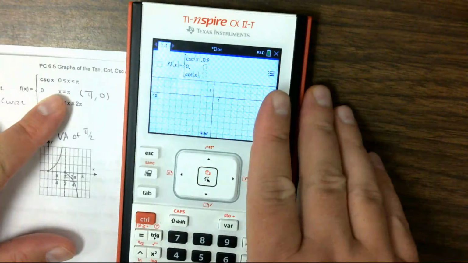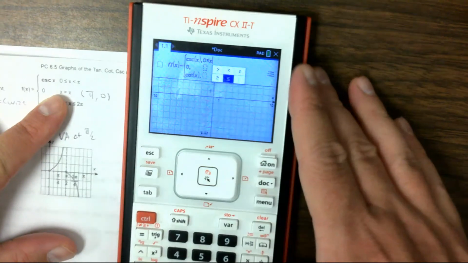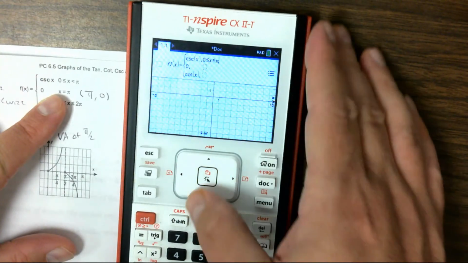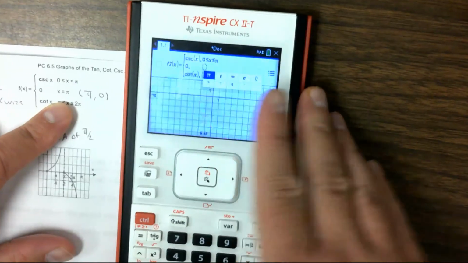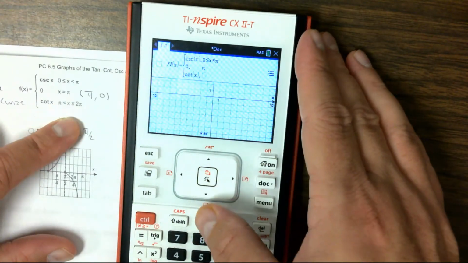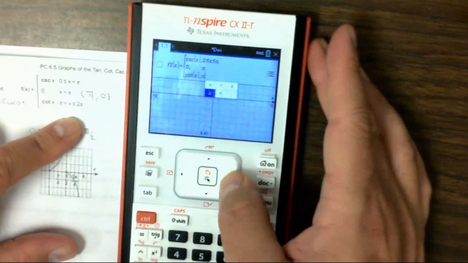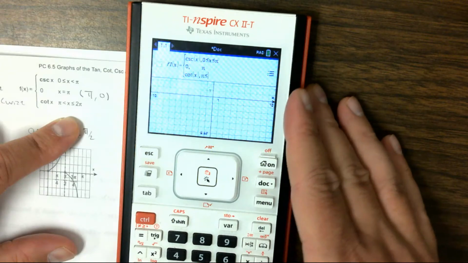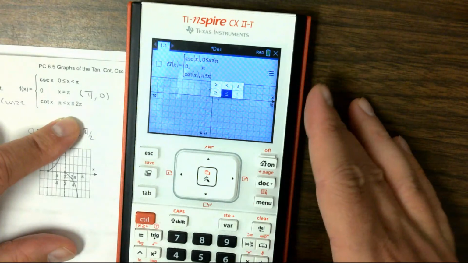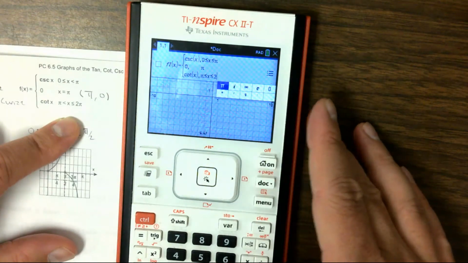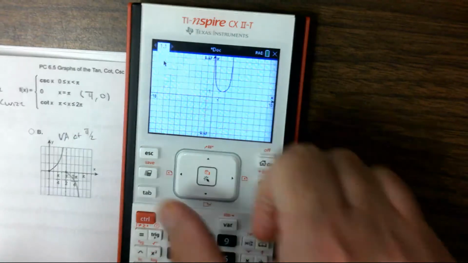0 less than or equal to x, less than or equal to pi. This one would just be pi. And this one would be pi less than or equal to x less than or equal to 2 pi. That didn't really help too much.